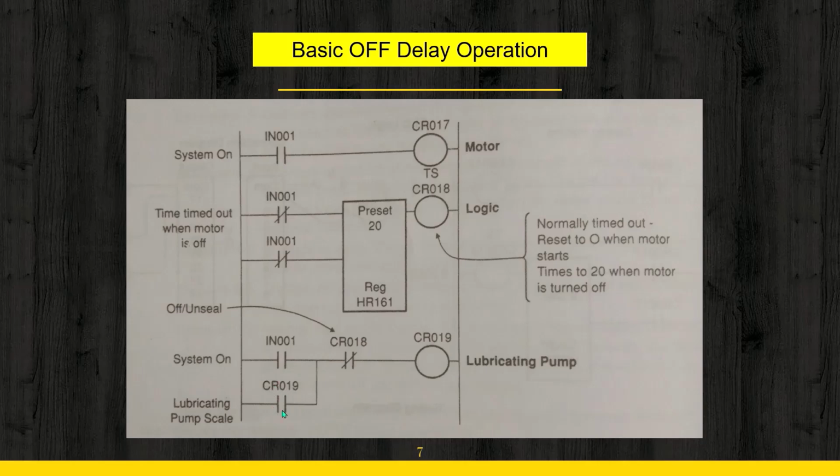So when this is remaining on, whether this particular terminal is closed or open, there is no problem. The current will find its path in this particular way. However, when this particular terminal is activated, then this NC becomes NO and your lubricating pump will be off. So this is how a basic off delay operation takes place in the practical field.